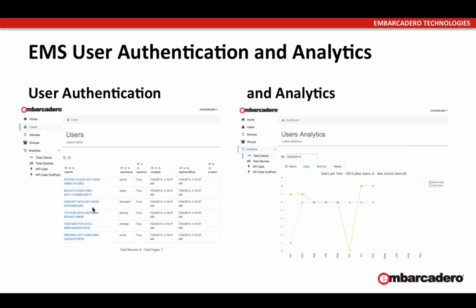Here's a quick example of what the analytics look like. I would just open up a web browser, point to the port, log in, and then I'll be able to see which users are registered, whether they are active or not, what groups they belong to, what rights they have, which devices are interacting with the service, so you can know which devices a user is using, for example, and also analytics on the API calls in particular.